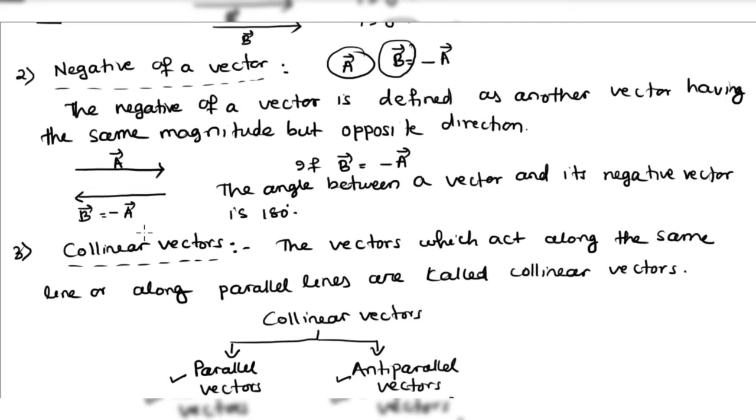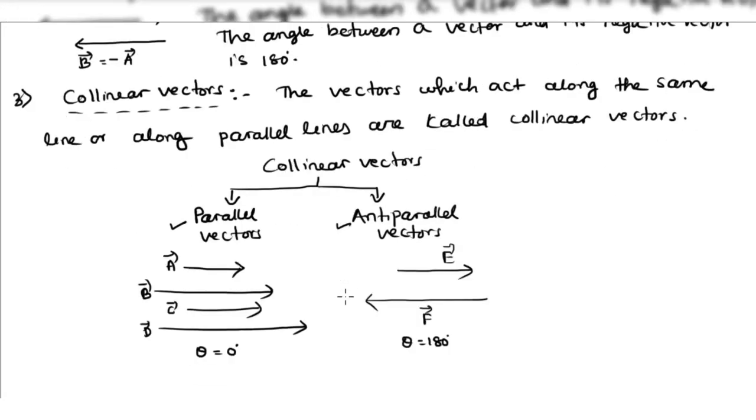So two conditions must be satisfied. B vector should have the same magnitude as A vector, and B vector should have opposite direction to A vector. If these two conditions are satisfied, then B vector is said to be the negative of A vector. But two vectors can be anti-parallel by satisfying only a single condition, that is, if they have opposite directions.